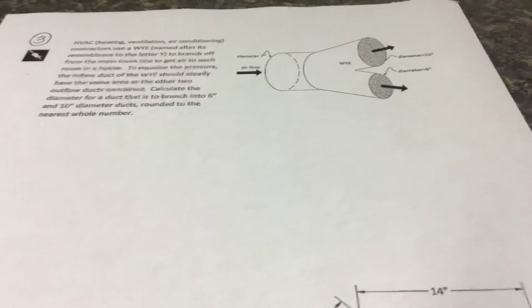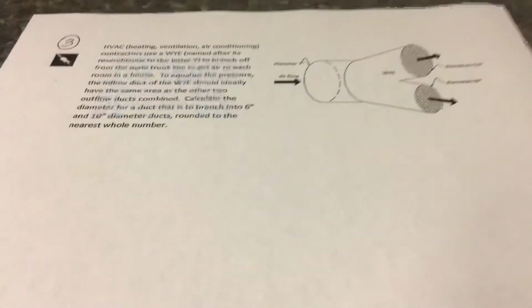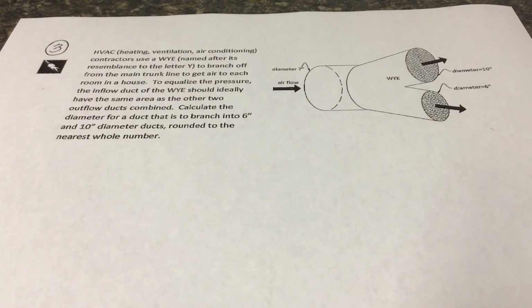Alright, so these last two questions are a little bit more difficult because we have to use our area formulas backwards. And first of all, we have to be able to understand what's going on with the question.